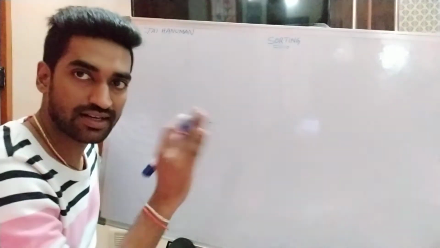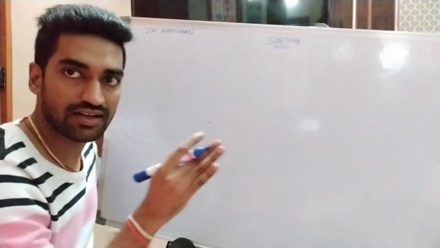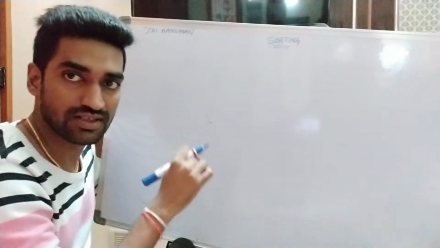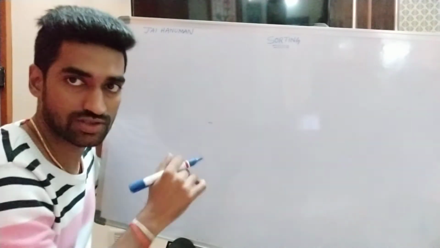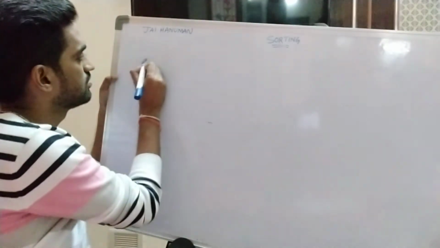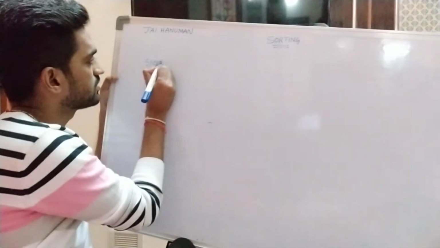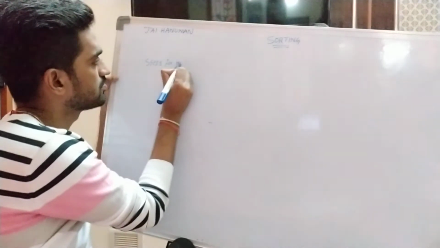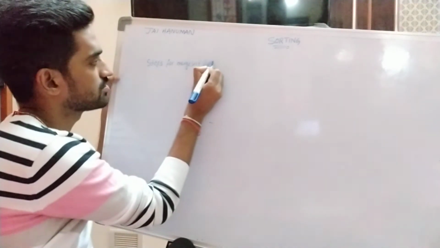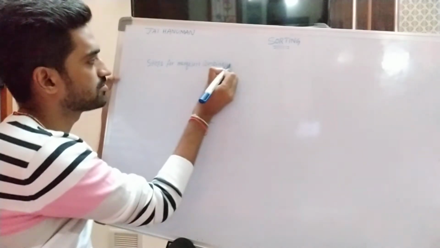After combine, the entire array contains array A, low, mid, high. So that's why 4 arguments are specified in the mergesort combine function, right? So here I am writing the steps for mergesort combine.